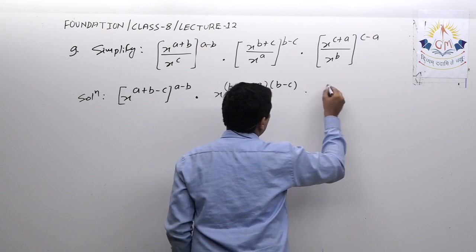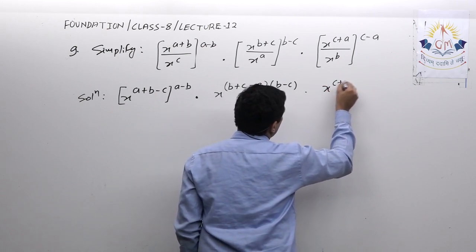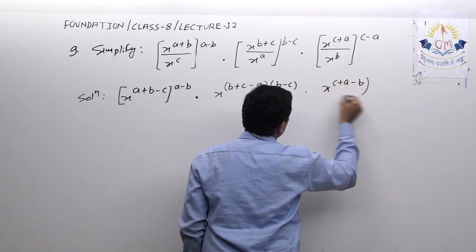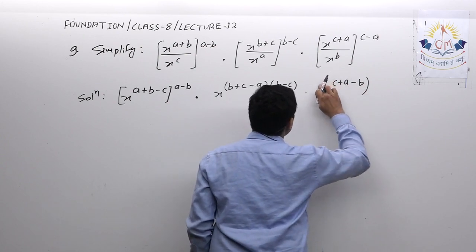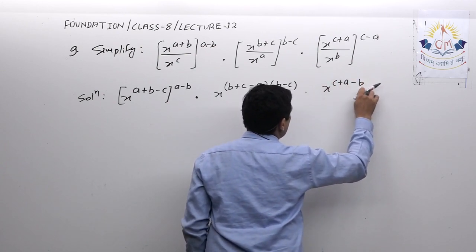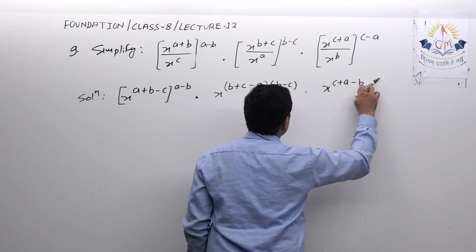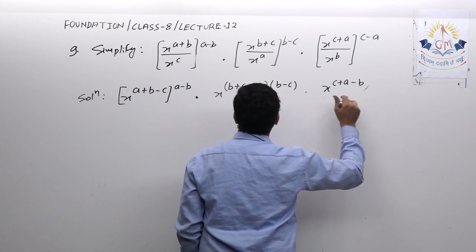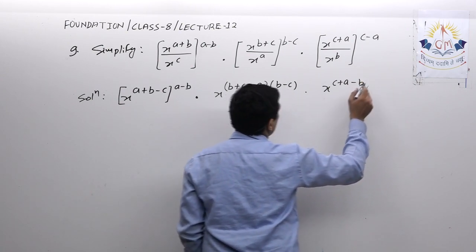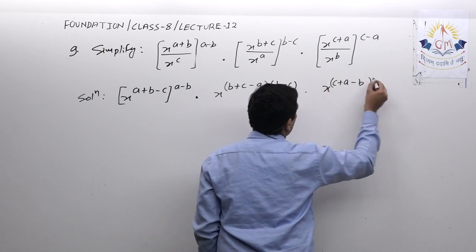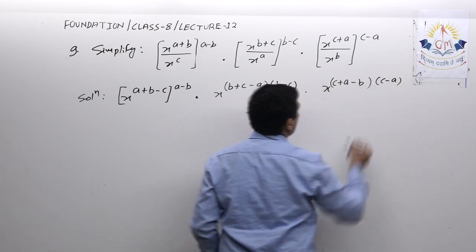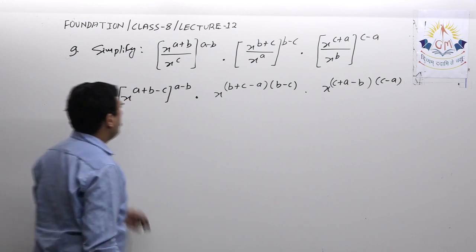Okay, multiplied by x raised to c plus a minus b raised to c minus a.